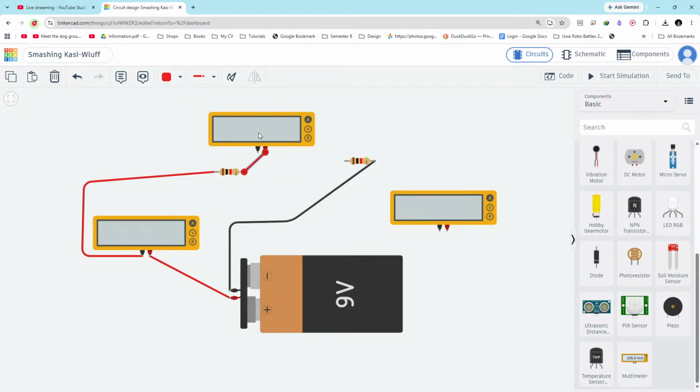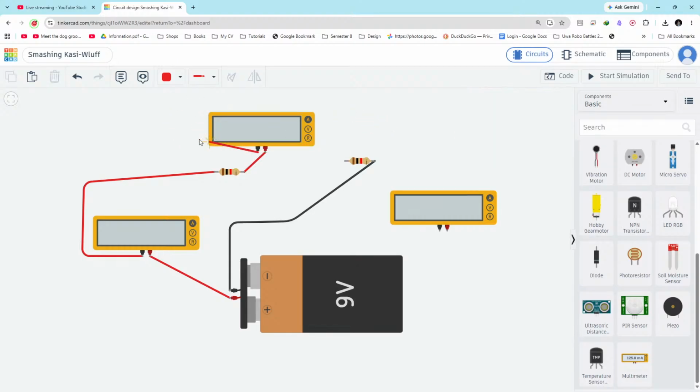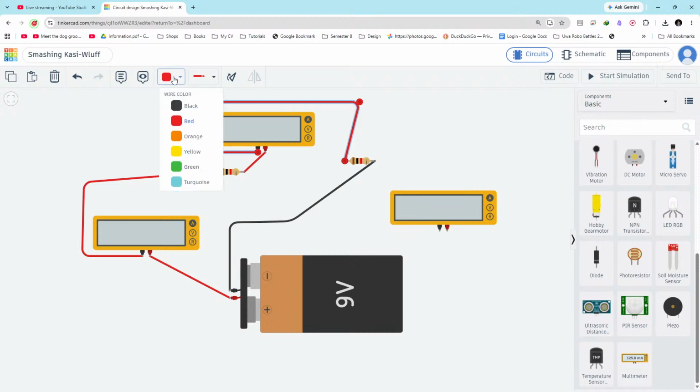So remember that to see a positive value in this display, the usual convention is that current should enter through the positive terminal of the ammeter, right? And also the current leaving the ammeter should be through the negative lead or the black lead, right? So this is also red, right?